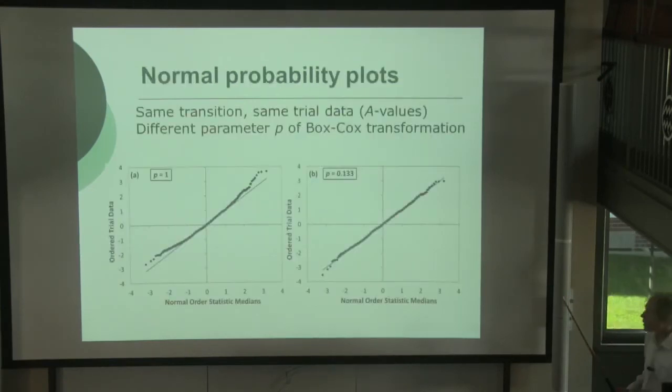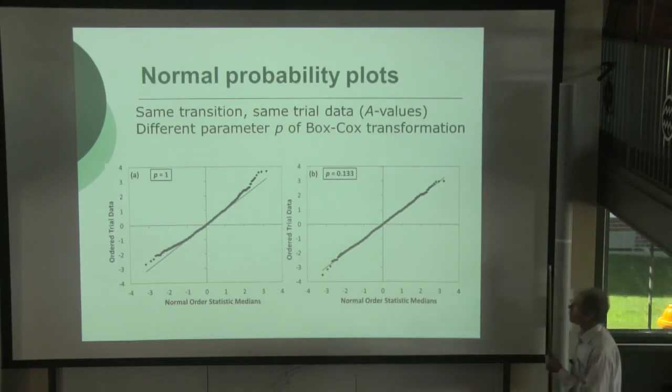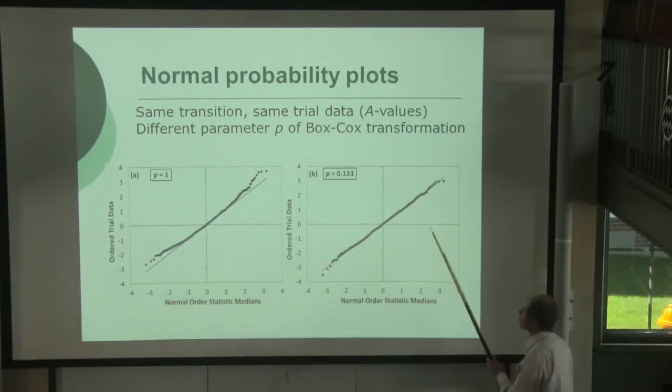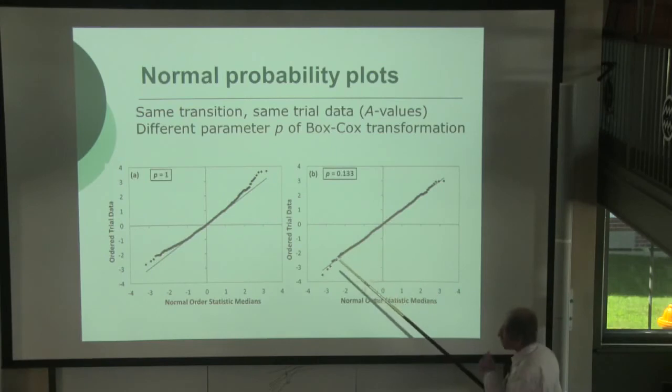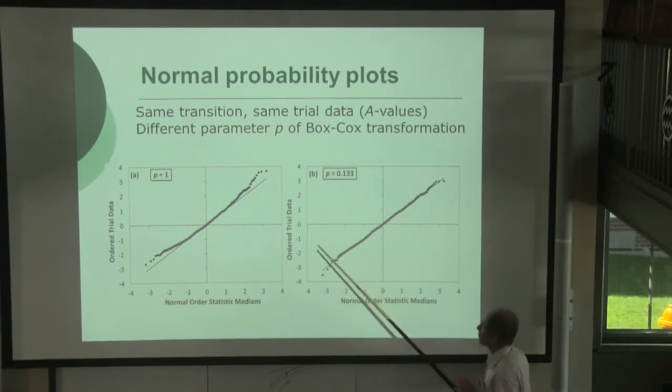There are several ways of building such best transformations, but the most proficient ones are based on so-called normal probability plots.